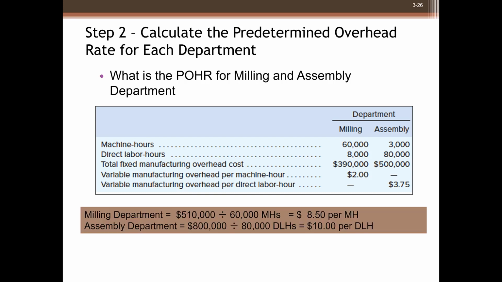We use the formula total MO cost divided by estimated allocation base. So for the milling department, 510,000 divided by 60,000 machine hours. You will get a predetermined overhead rate of $8.50 per machine hour. For the assembly department, 800,000 divided by 80,000 direct labor hours, and then we can get $10 per direct labor hour.